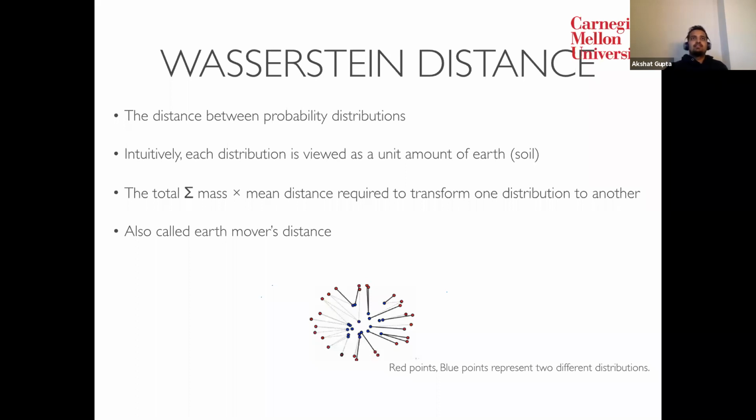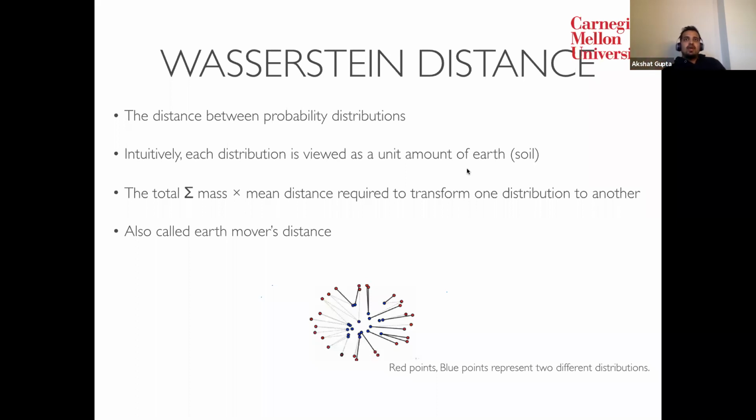But yeah, so let's get into a bit of the intuition behind Wasserstein GANs. The reason they're called Wasserstein is the metric that we use here, the Wasserstein distance. It's a metric used to calculate the distance between probability distributions.